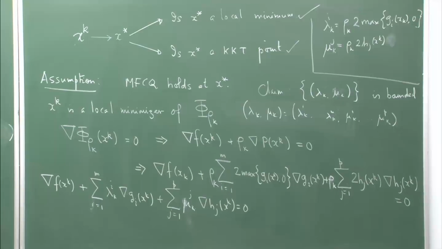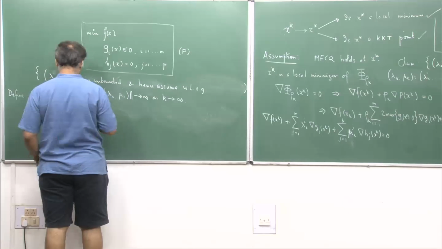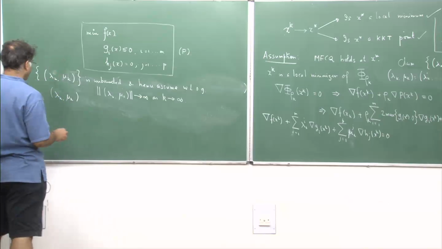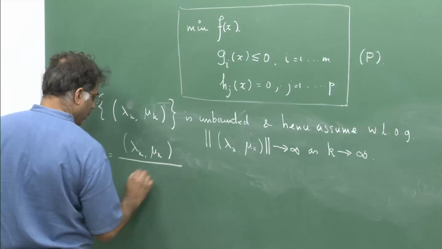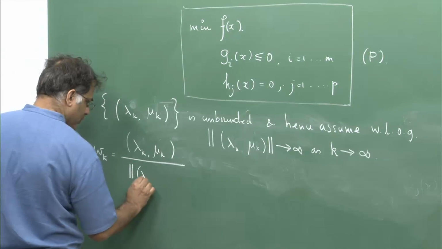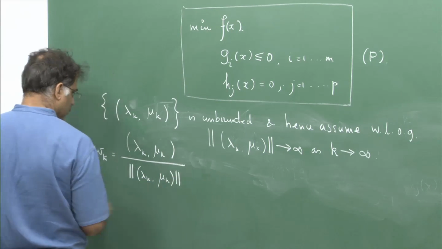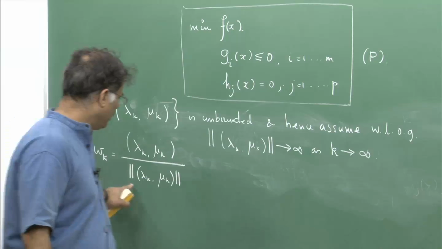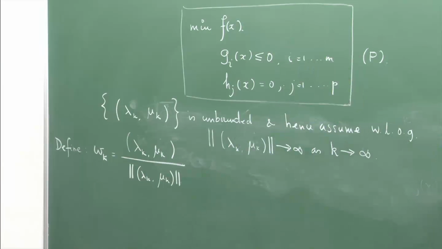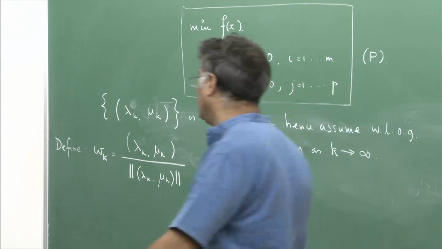So, I now construct a new sequence wk which is of this form. Each element of wk is of this form. Now, if you observe, wk is a bounded sequence with each norm wk being 1.